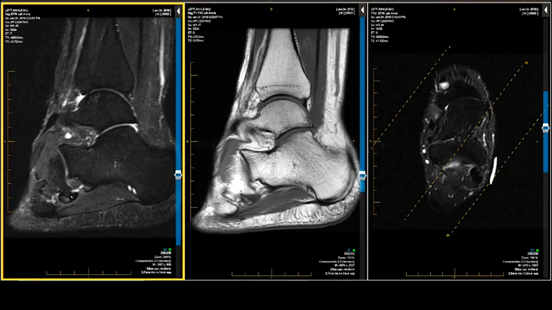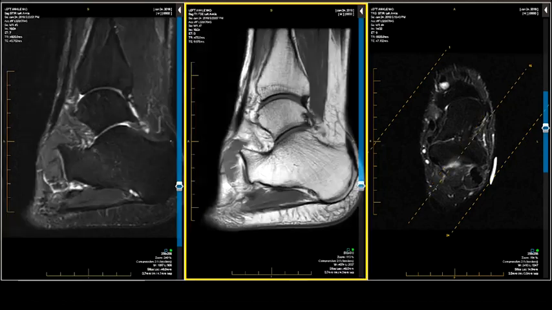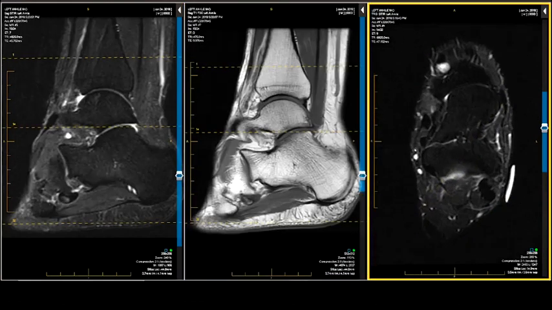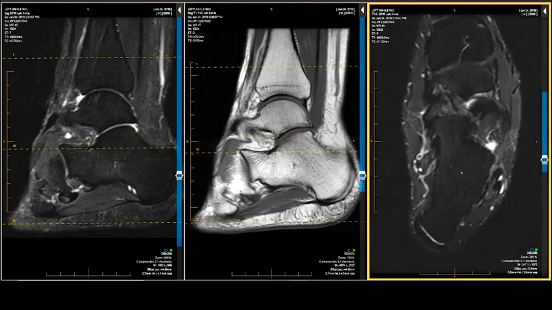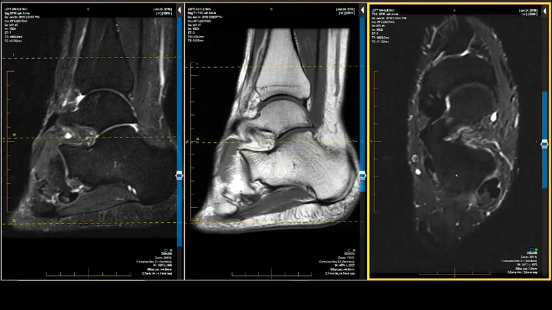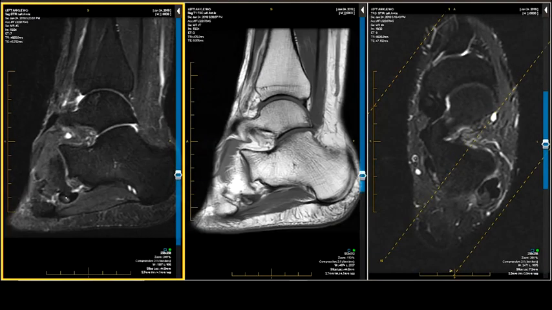So that one is more important than the os tibiale externum. You've also seen os trigonum. You've also seen os naviculare synchondrosis. All right, let's keep looking, because other than the os peroneum, there's nothing else there.